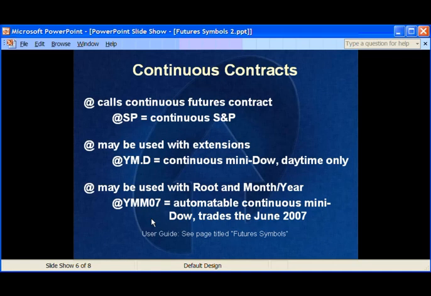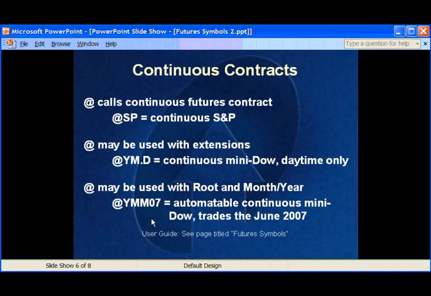Now, something else that has been added into TradeStation is the @ sign can be used with a root and a specific month and year, and we call these automatable continuous futures. In other words, by using the @ sign, it's a continuous.